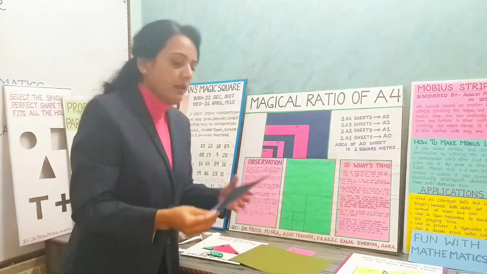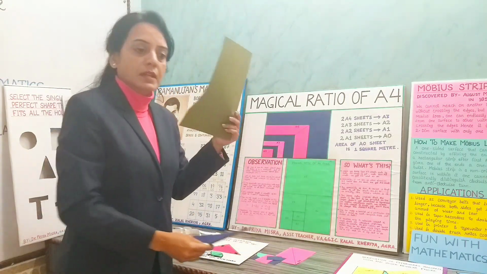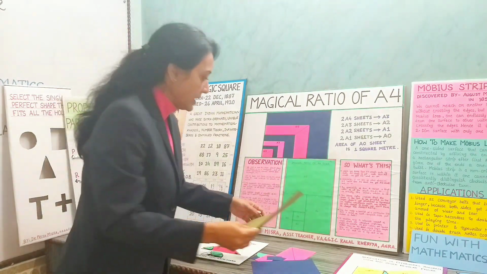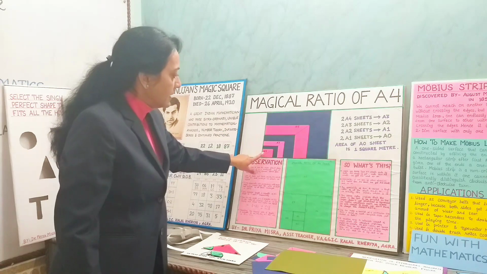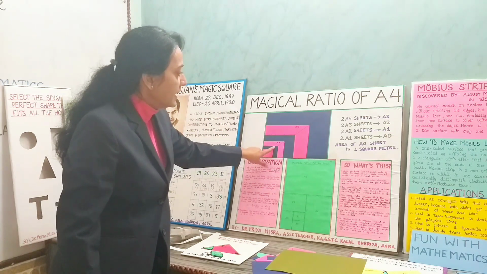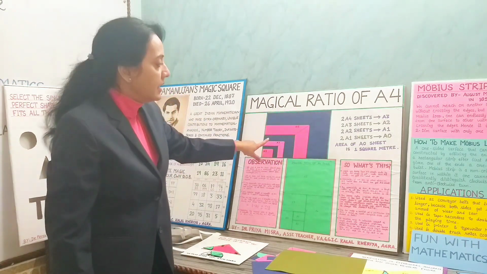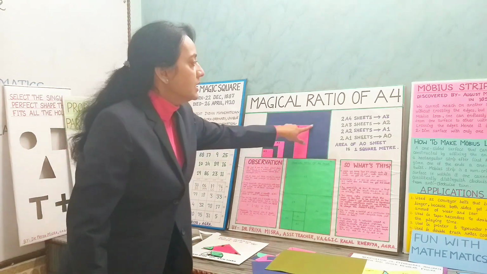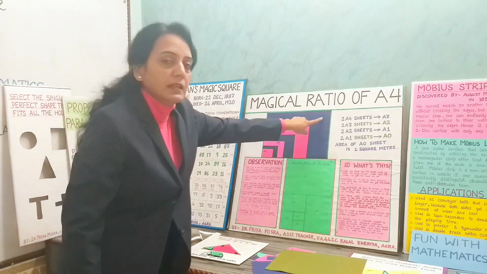Similarly, when we put two A5 sheets together, we get A4. And when we put two A4 sheets together, we get an A3 sheet. So, when we keep all the sheets in a way that one corner is common, A9, A8, A7, A6, A5, A4 as shown in this figure, we find that every sheet has a common diagonal, meaning all the corners lie on the diagonal.